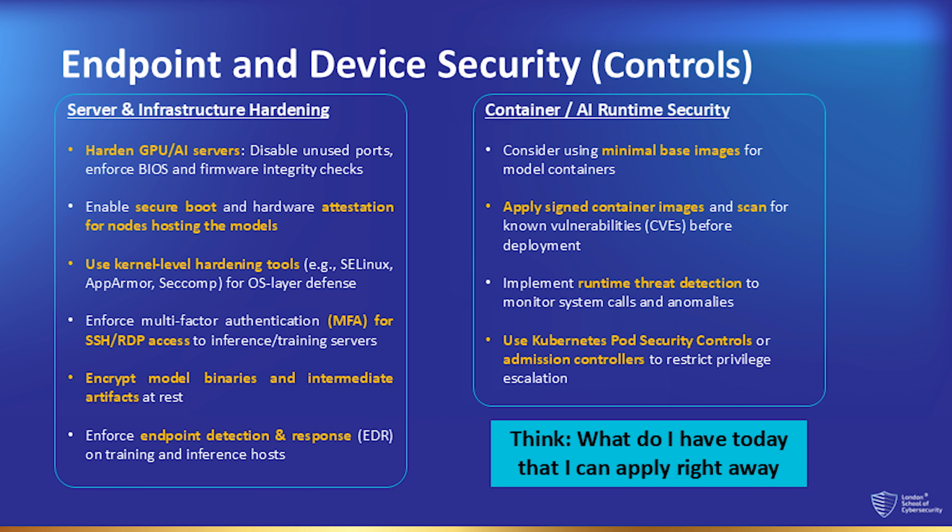and device security. So here, there's a ton of things available today which you could essentially extend to the AI infrastructure. Hardening is something that we all do today, and you should do the same for an AI one.